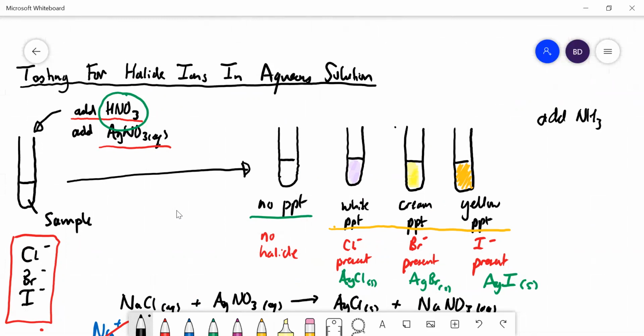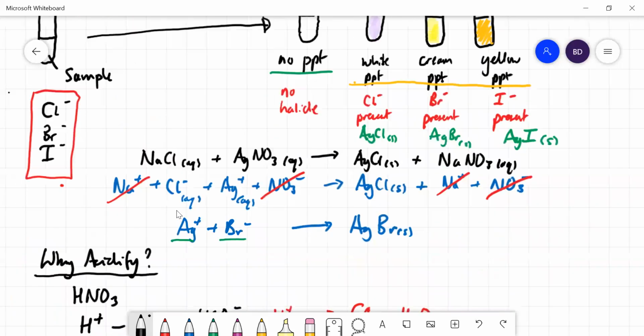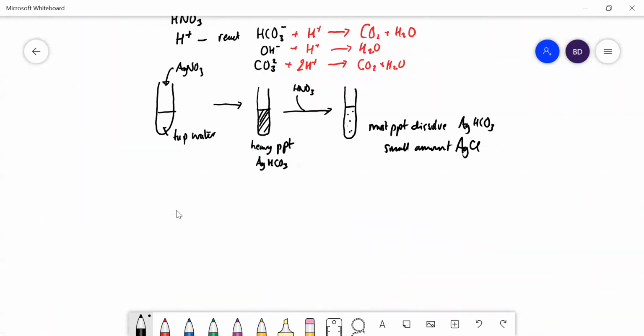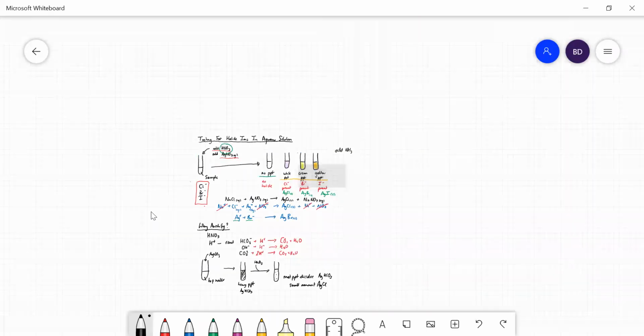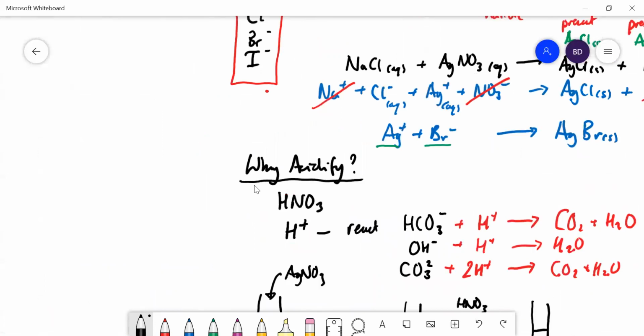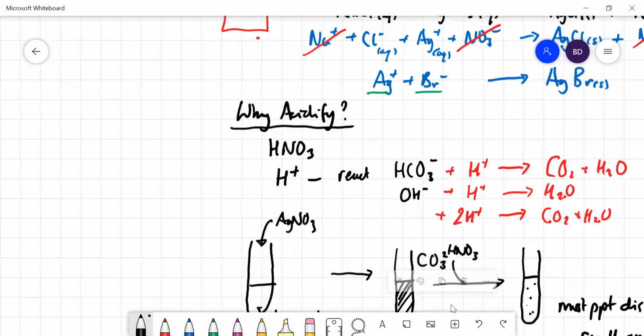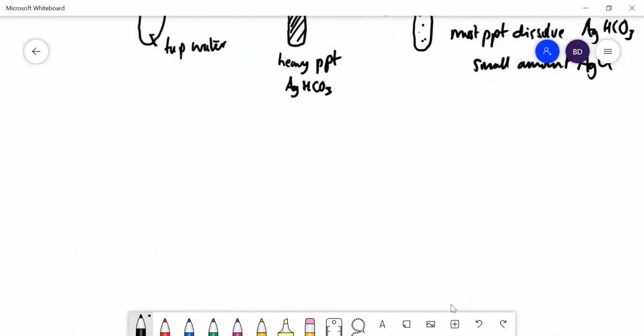It's probably best if I do this as a table. So here's the summary: fluoride, chloride, bromide, and iodide ions in aqueous solution.